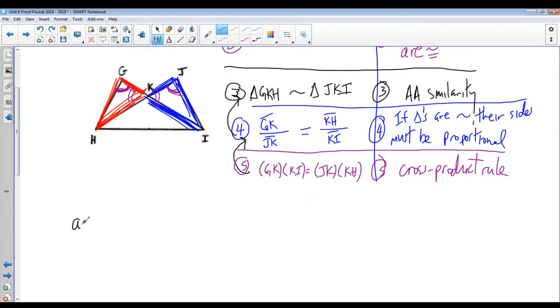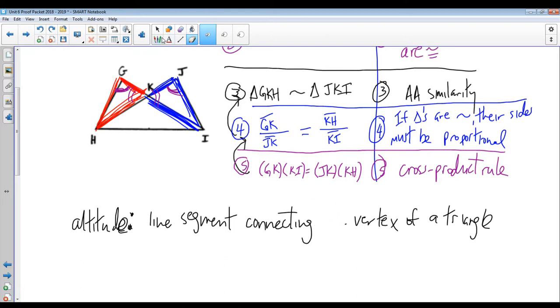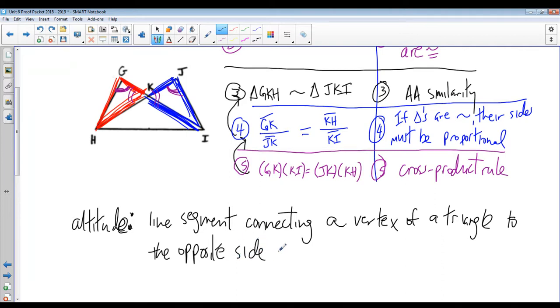First of all, you're going to see the word altitude today. We've talked a little bit about that, but an altitude is a line segment connecting a vertex of a triangle to the opposite side at a right angle.